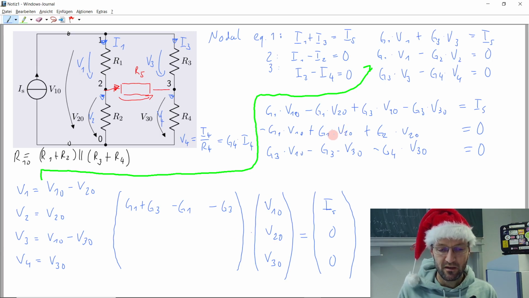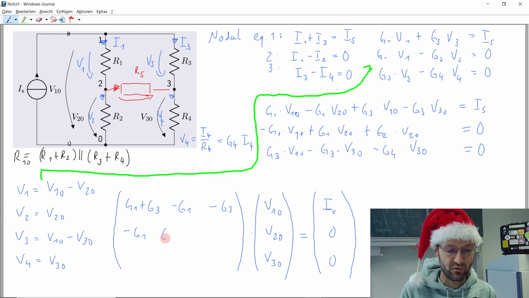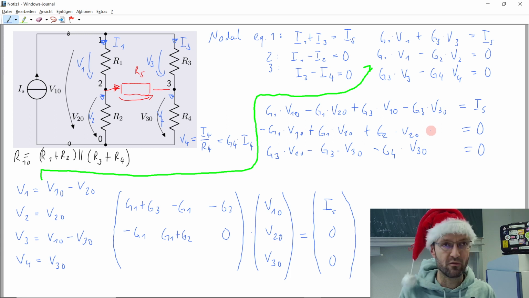So we have a minus G1 here for the first nodal voltage, and we have G1 plus G2 related to the second nodal voltage, and we have nothing related to the third nodal voltage. And in the last line, I will also change the sign: make this minus a plus, this minus a plus, and this plus a minus.